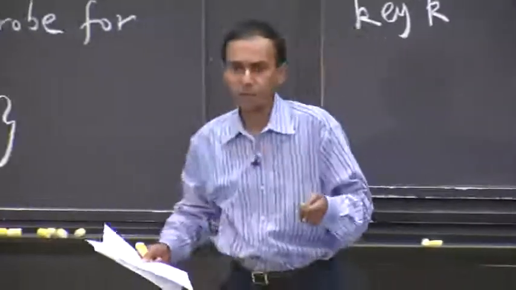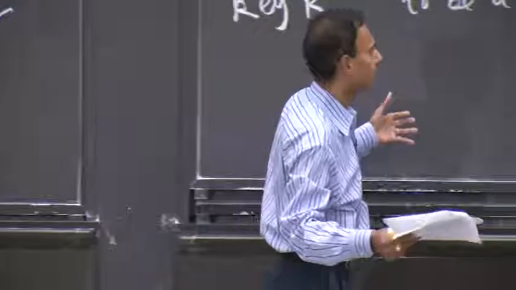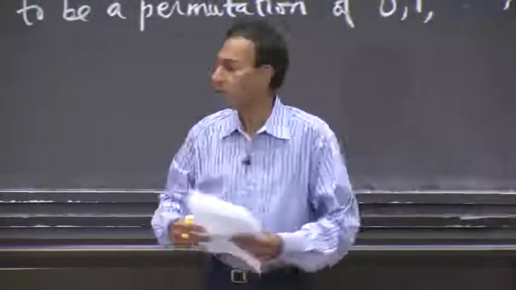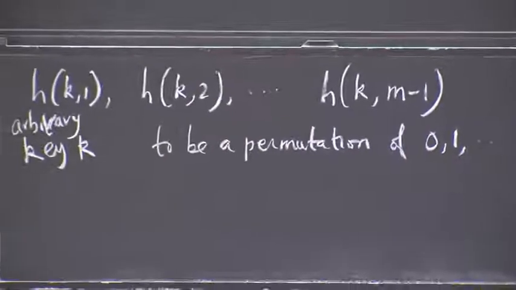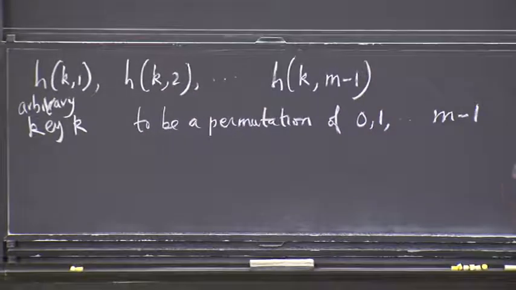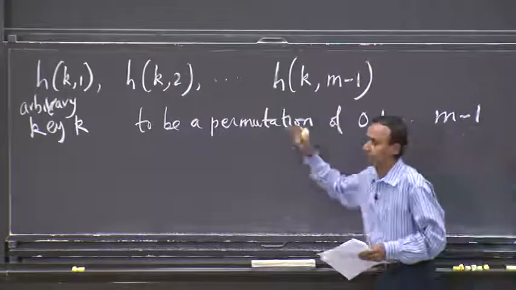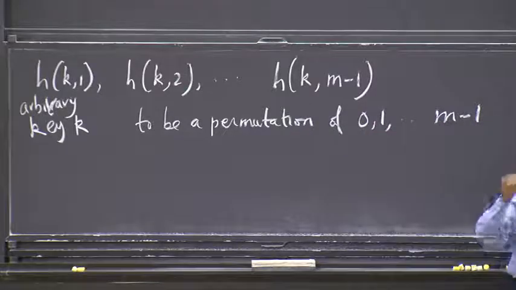And for this arbitrary key k, that one slot that's free, and it could be the first slot, it could be the 17th slot, whatever, eventually the sequence of probes is going to allow you to insert into that slot.